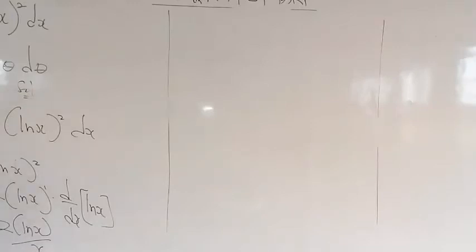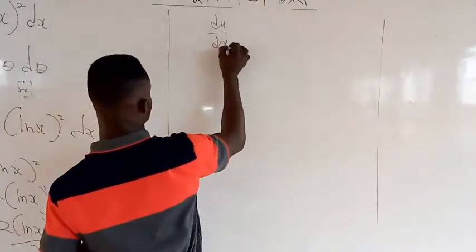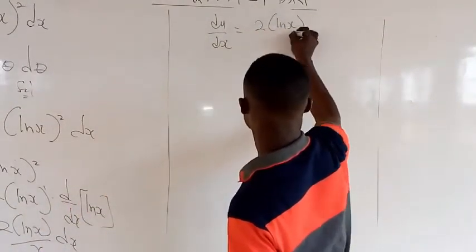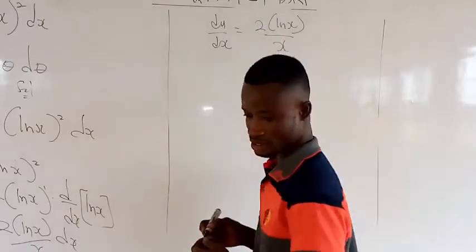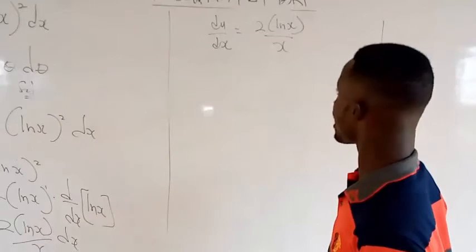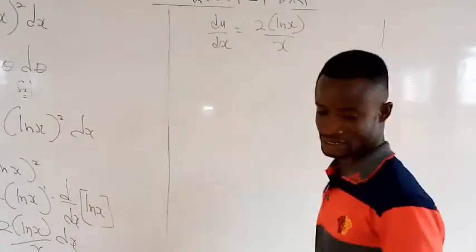So we get du is equal to this ds. Or let me write it, du over ds is equal to 2 ln s over s. So that is that.